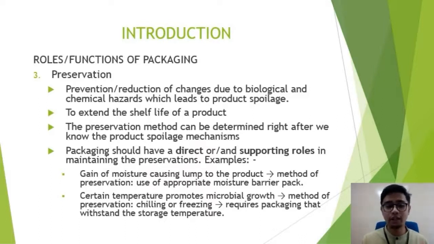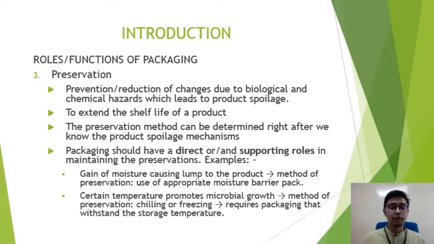So here, the gain of moisture causing lumps in the product is the product spoilage mechanism. So we can decide the method of preservation. The method of preservation for the gain of moisture is the use of an appropriate moisture barrier pad. So this is the direct role of the packaging for a product that is moisture sensitive, for example.